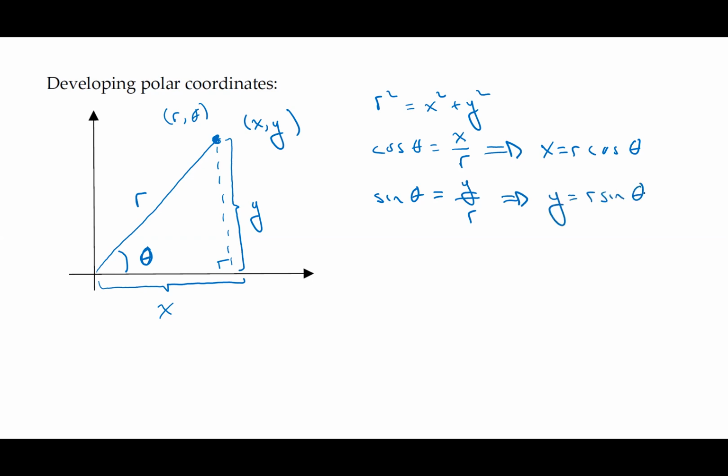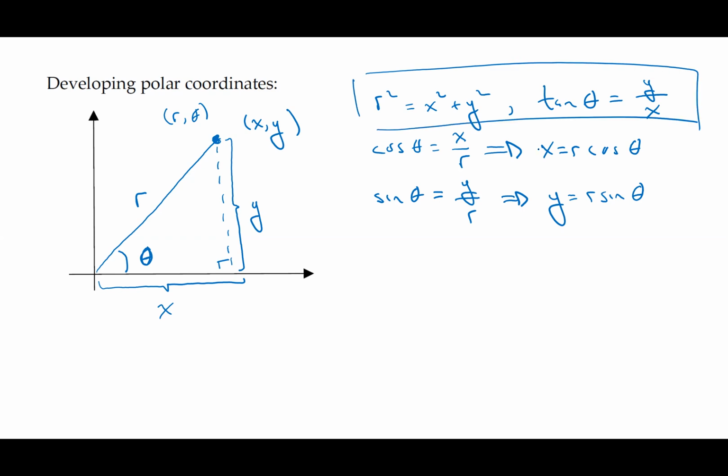And then if I wanted to go back the other way, I've got r squared is x squared plus y squared. Theta, you think of tangent theta as opposite over adjacent, y over x. And so these give us a way of converting between the two coordinate systems.